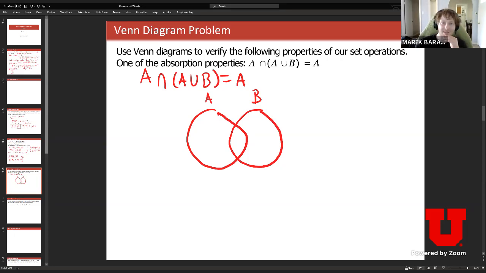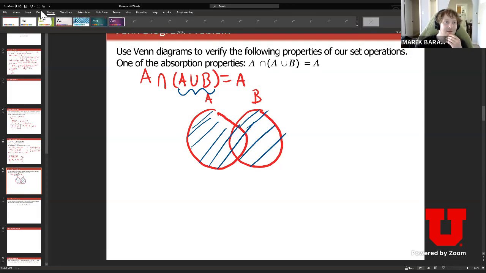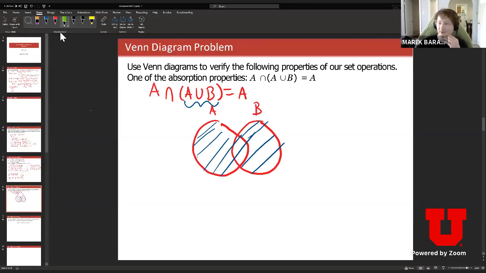Okay, that's been a minute. So what should I shade in first? All of A and B? Yep. And this corresponds to this union right here. Next we need to take care of this right here.